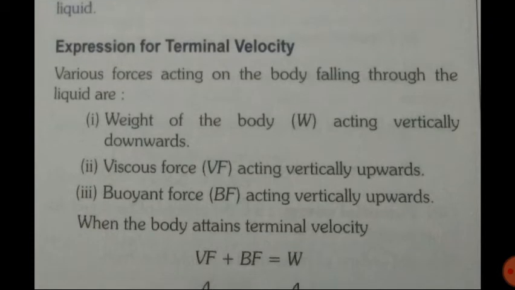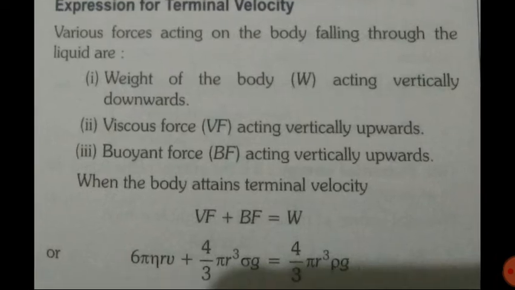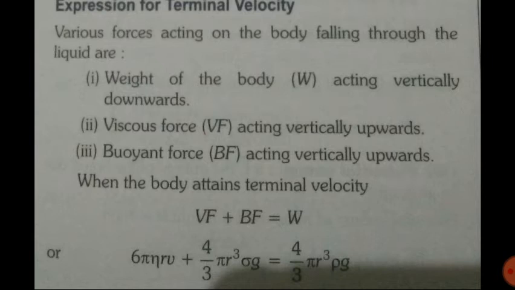Now let's derive the expression for terminal velocity. On the body, a total of three forces are working. First is W, the weight of the body, acting vertically downwards. Second, viscous force acting vertically upwards. Third, buoyant force acting vertically upwards.